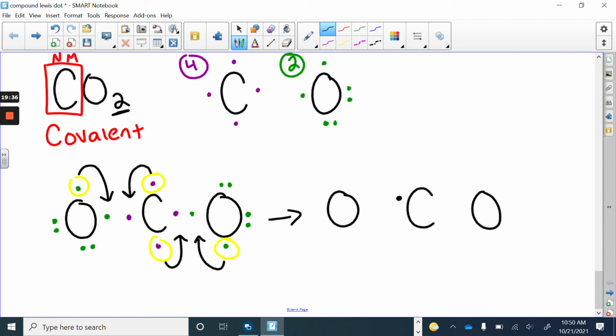We now have two valence electrons from carbon in the center on each side, which means we have 2 from oxygen to pair with it, and then you cannot forget the other pairs. 1, 2, 1, and on the other side. We have no lone electrons left, which means this would be your structure for carbon dioxide.